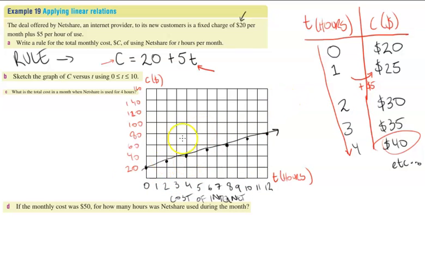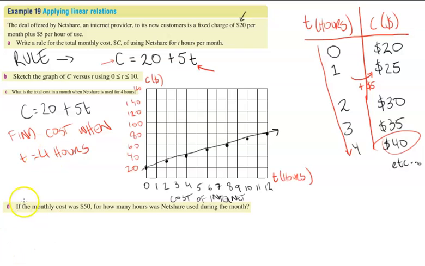Now we've done the sketching, we need to answer the next 2 questions, and then you can continue on with the worksheet. What is the total cost in a month when NetShare is used for 4 hours? We've already worked this out here, but if you want to show some type of understanding in your test or the actual exam, you write down what the formula is, and you find the cost when the time is equal to 4 hours.